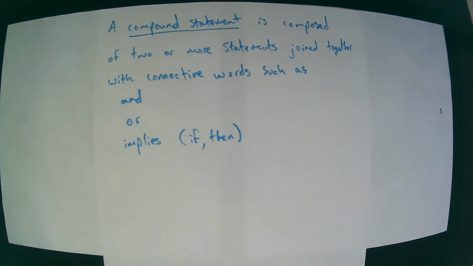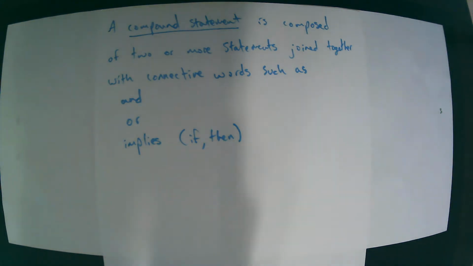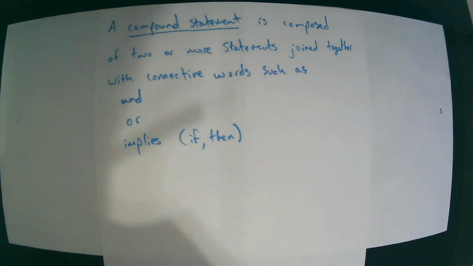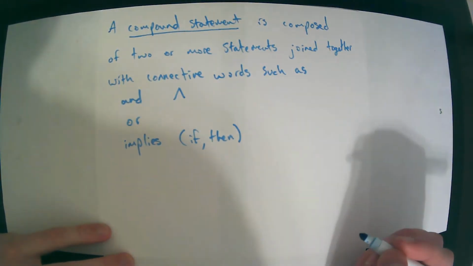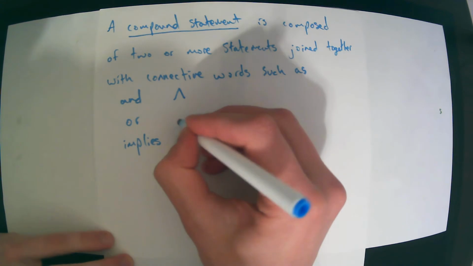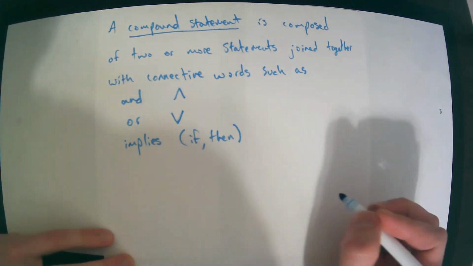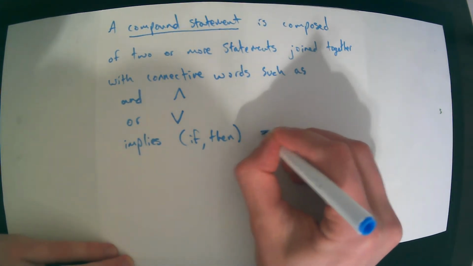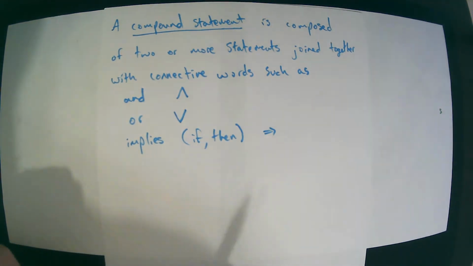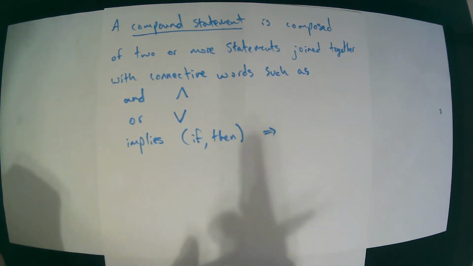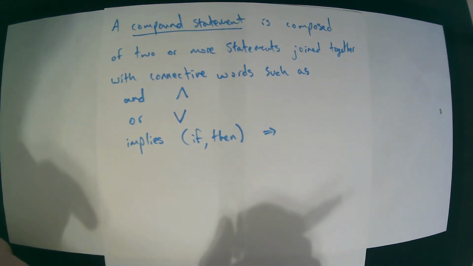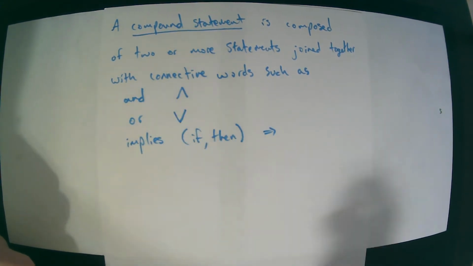Each of these has a corresponding symbol. The symbol for and is like an upside down capital V. The symbol for or is like a capital V. And the symbol for implies is an arrow with 2 lines.